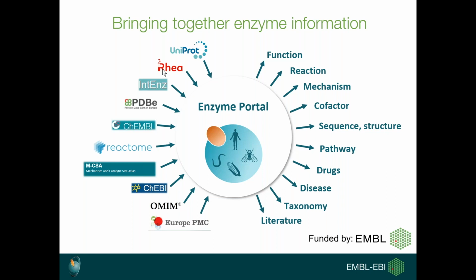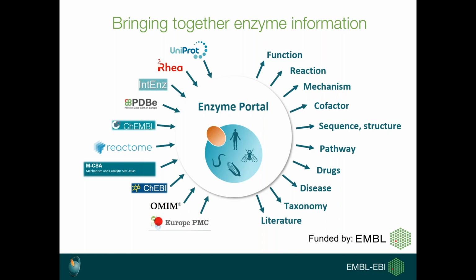which provides the 3D structure information, ChEMBL, a database of bioactive molecules with drug-like properties, Reactome, a pathway database, M-CSA, which provides information about reaction mechanism, ChEBI, a small molecule database, and OMIM, which provides information for human genes and genetic disorders and traits.